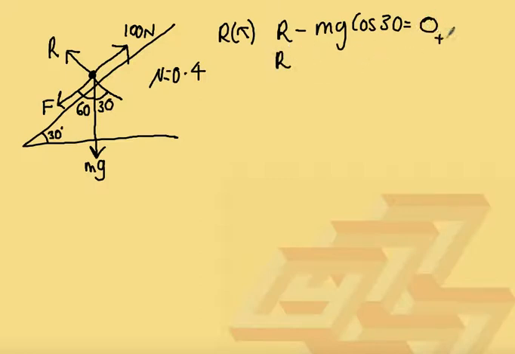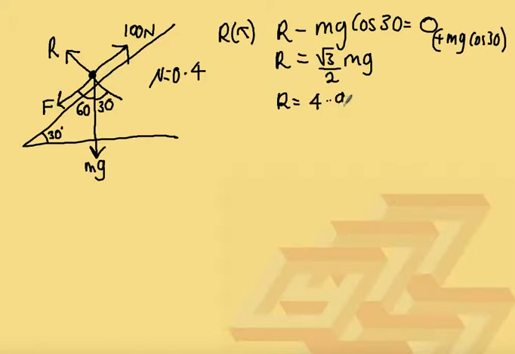So adding mg cos 30 to both sides, what I get is that R equals, well, cos 30 is root 3 over 2, so root 3 over 2 mg. And actually what I could do is tidy this up with this g, and I could write this instead as R equals half of 9.8 is 4.9, so we could write this as 4.9 root 3 m.